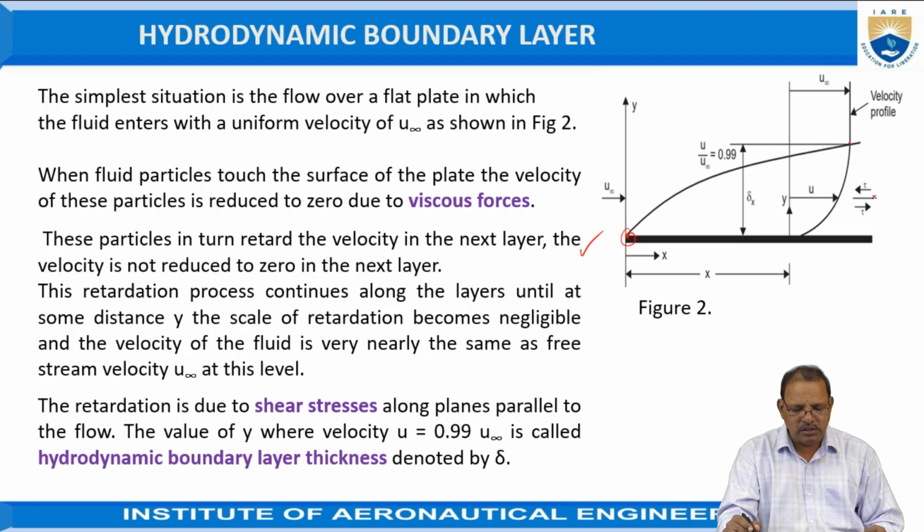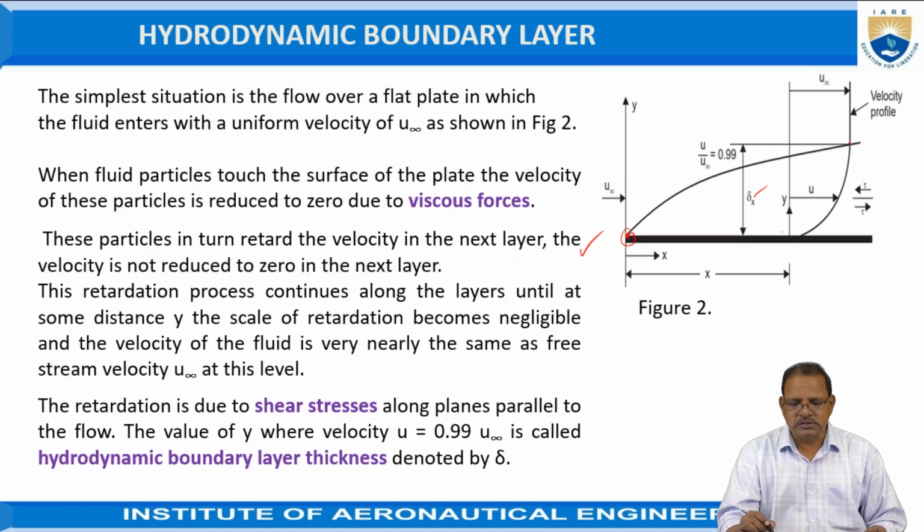So this layer, at which it attains the maximum velocity or the initial velocity of the fluid, is called the boundary layer, and this height is called the boundary layer thickness.